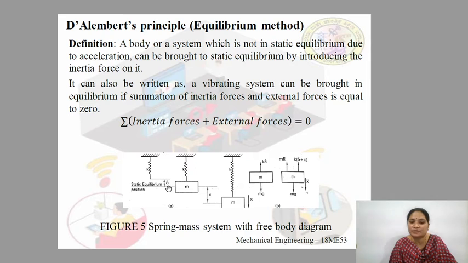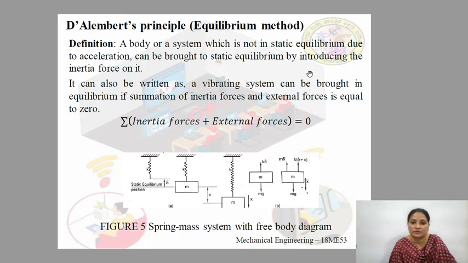Let that displacement be delta, and once the mass is displaced by a displacement x, the displacement is taken as x. So the total displacement caused in the spring is delta plus x, represented inside the bracket. So k into (delta plus x) acts in the upward direction.